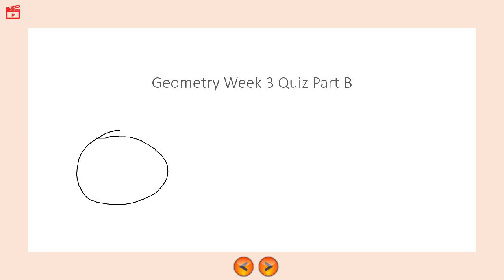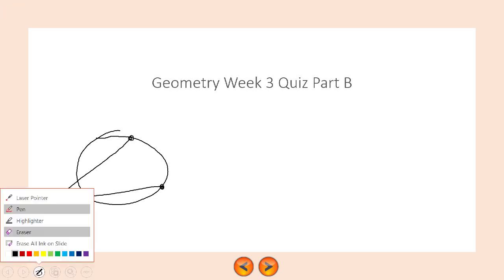What we're going to be seeing is starting with lines meeting outside the circle. What we'll have are arcs here. We have a couple arcs.